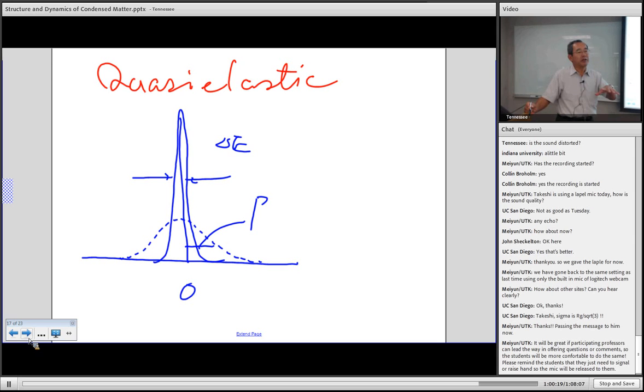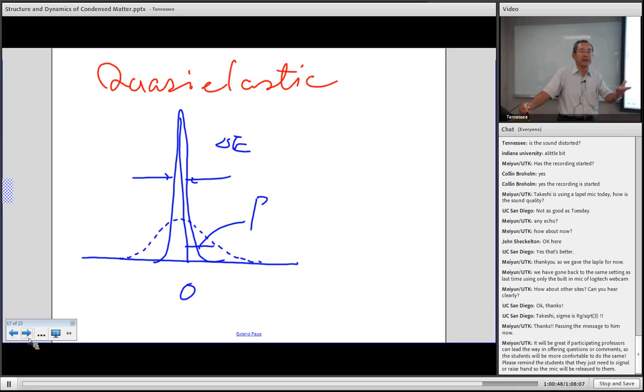If you cool a liquid, the viscosity starts to go up and becomes higher and higher. Dynamics become slower and slower, and finally it becomes a glass. And in this process, viscosity changes like 15 orders of magnitude, a huge amount of change, okay? And in the process, the scattering changes from inelastic to quasi-elastic to apparently elastic.